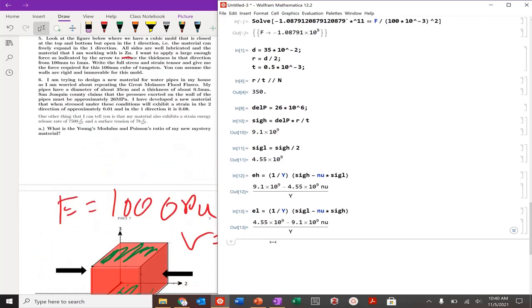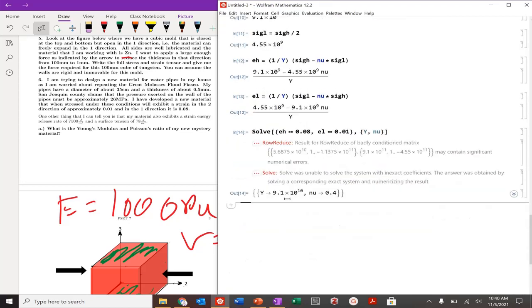In the 1 direction, that is my hoop direction. So epsilon H is set equal to 0.08, and then epsilon L set equal to 0.01. Solve for Y and nu.